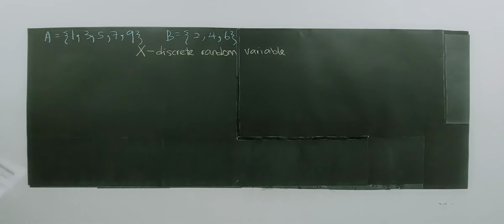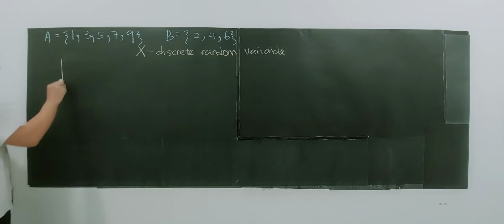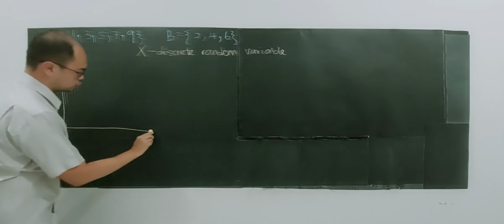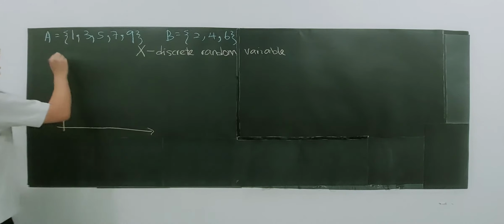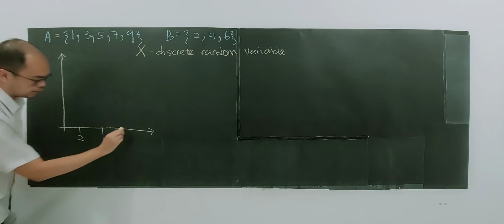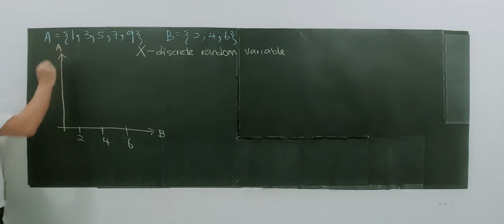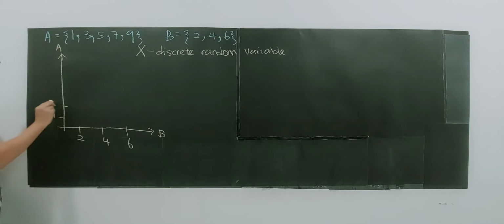So what I'm going to do is list out, draw out the sample space, all the possible outcomes. You have 2, 4, 6 for box B, and for box A, we have 1, 3, 5, 7 and 9.